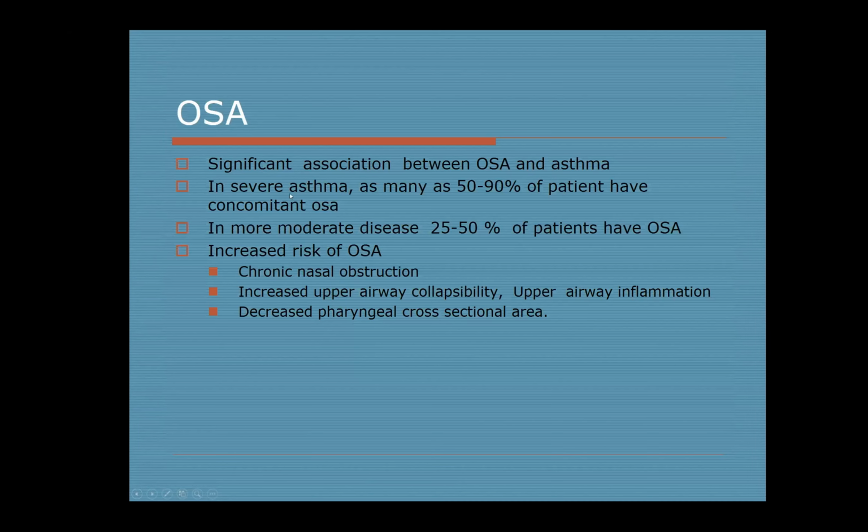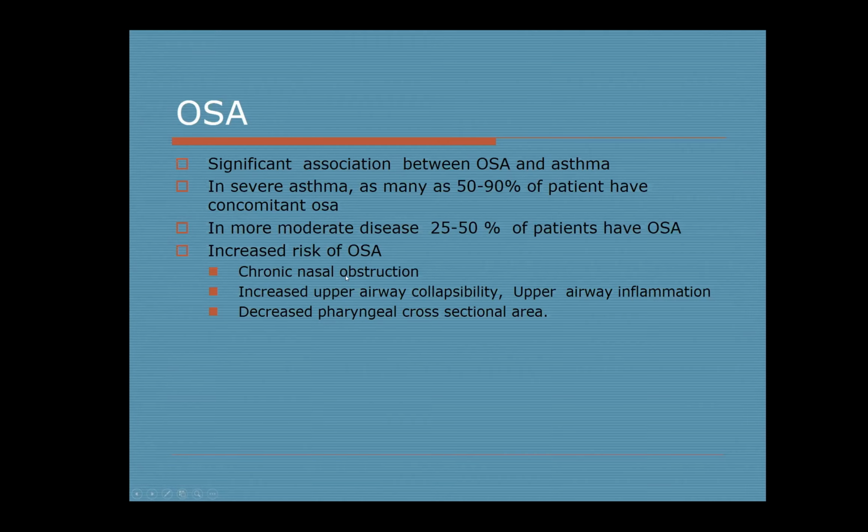Sleep apnea, in severe asthma, as many as 50 to 90% of patients also have sleep apnea. That's an amazing combination. And we're going to say a little bit more about that. In more moderate asthma, 25 to 50% of patients have sleep apnea. And why is that?